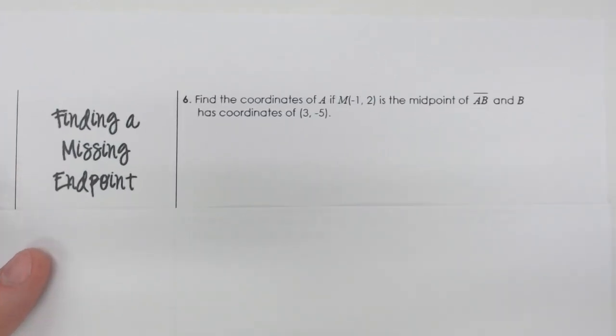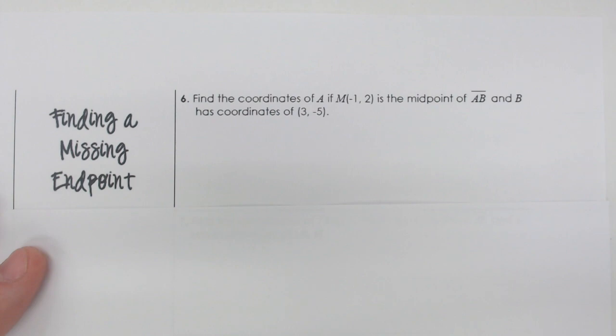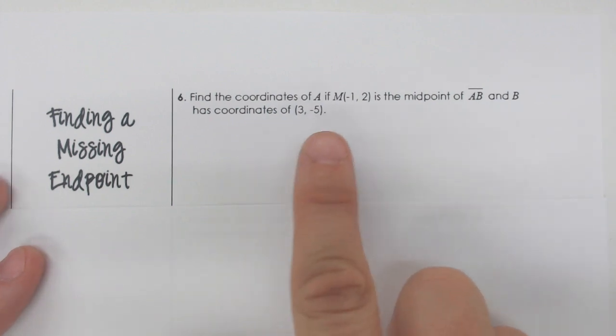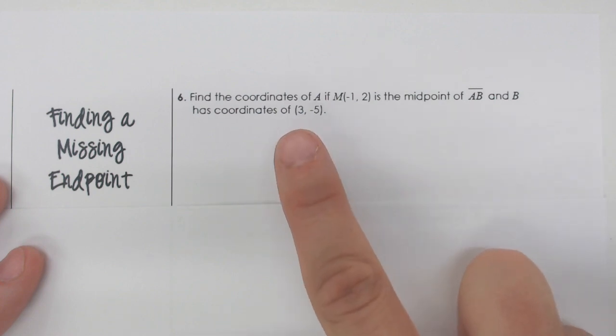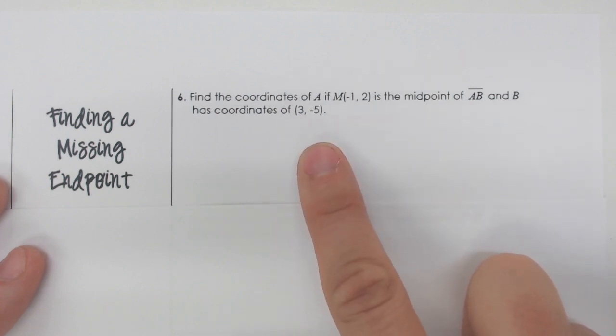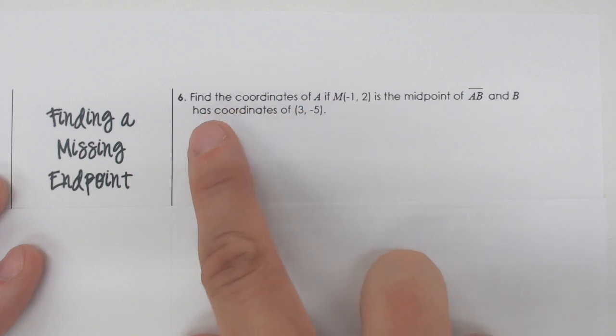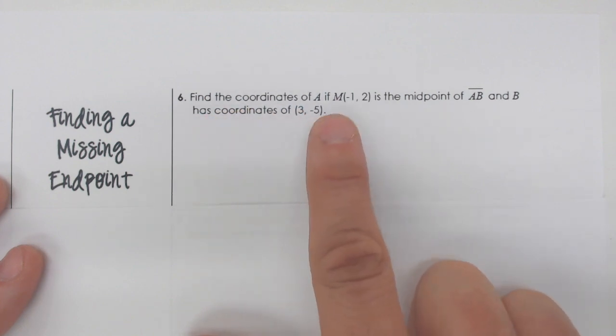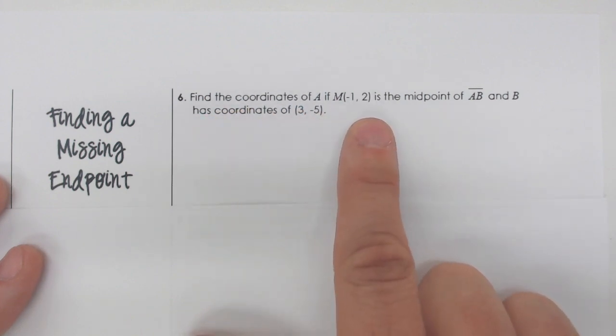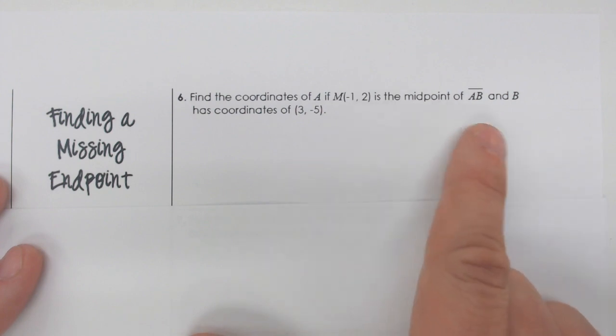So another thing you might be asked to do by me or from any textbook or even on the FSA is figure out what is the missing other endpoint, okay? Here, if we read carefully, it says find the coordinate of A if M is -1, 2, is the midpoint of AB.